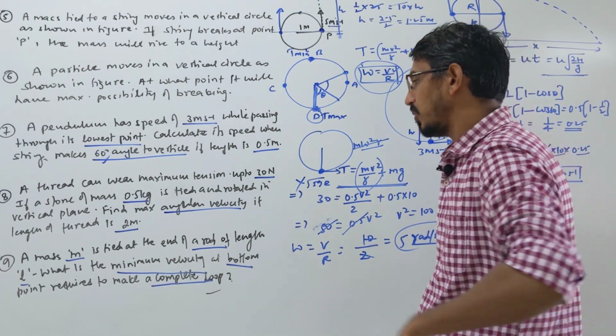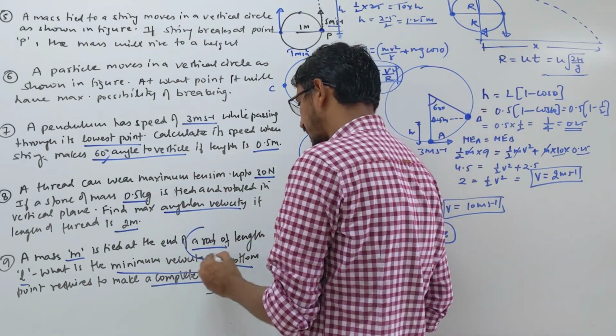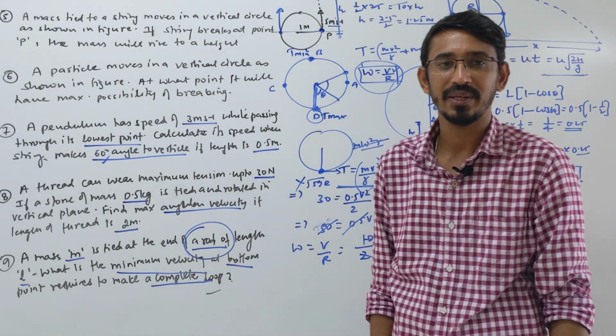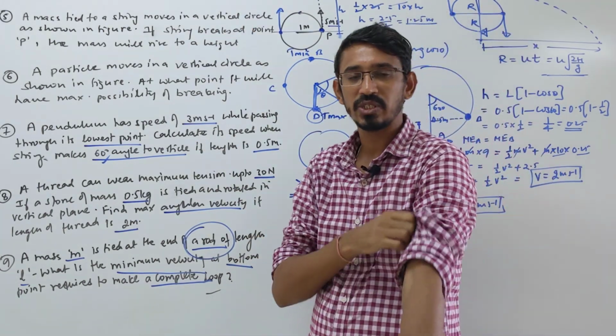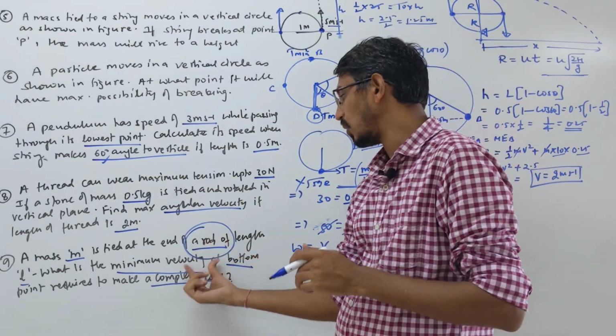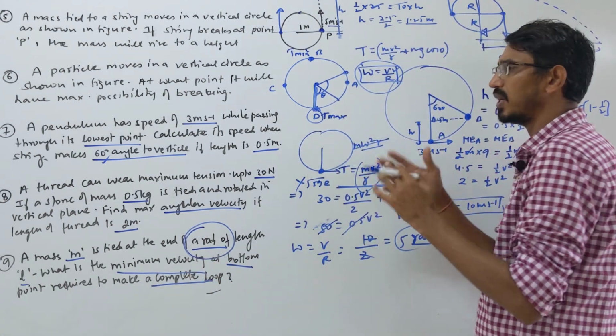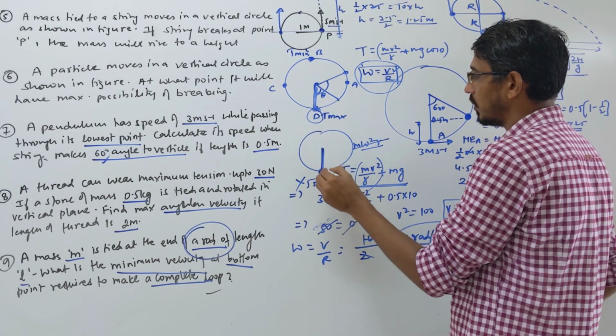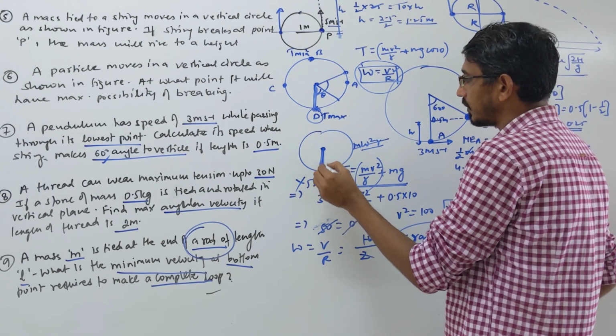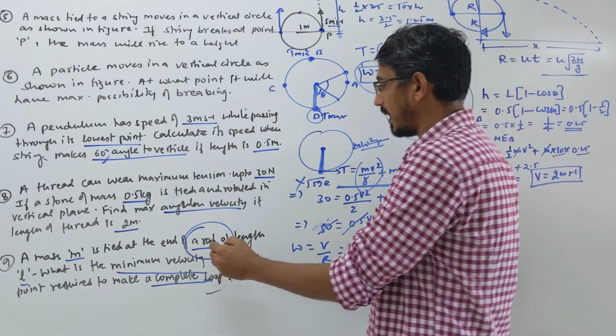Why is it wrong? Because the question says it is a rod, not a string. So far we have done all strings, and in theory I told you about a special case, the rod, at the end. A string is always flexible, but a rod is not flexible. A rod is always straight like this one. So a rod is a different case, and if they talk about a rod, please highlight this.